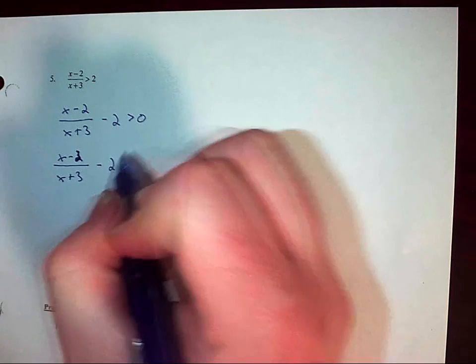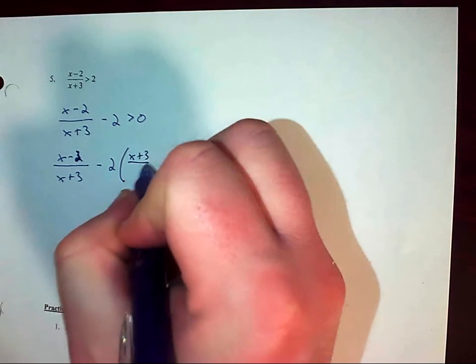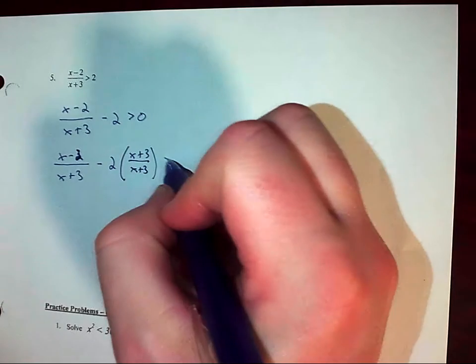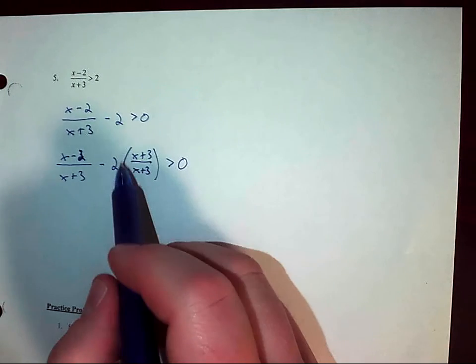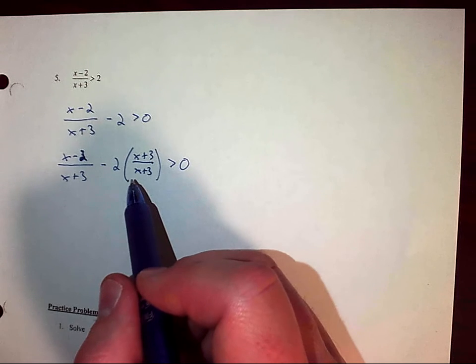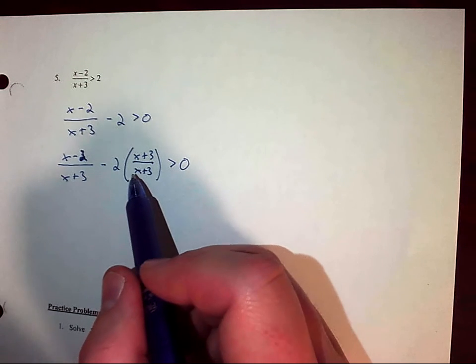The way that we get a common denominator is we're going to multiply this by x plus 3 over x plus 3, which is just the same thing as multiplying this 2 by 1. So this right here is just the same thing as 1, which is completely fine.